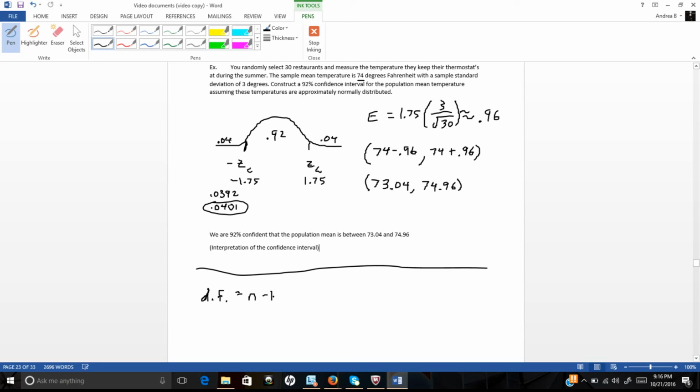To look up the values that correspond to those, it's pretty easy. You go to the confidence level that you have and the degrees of freedom that you have for that problem and see what value intersects. So it's similar to how you use the normal distribution, you just have the degrees of freedom and your confidence level that you're looking at here.